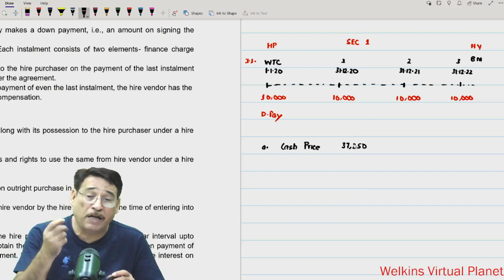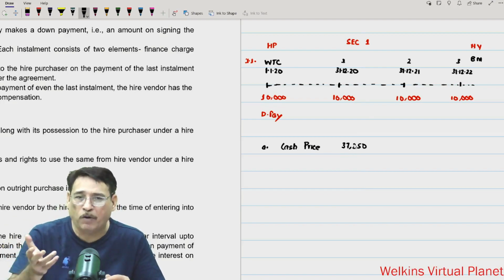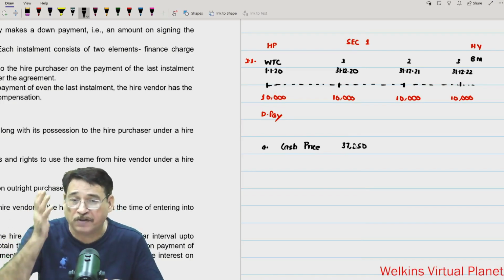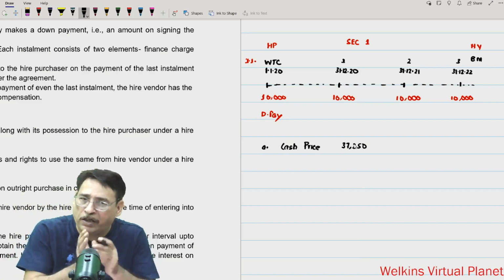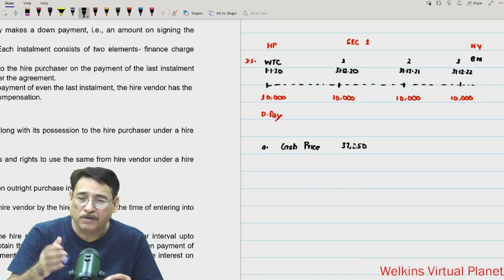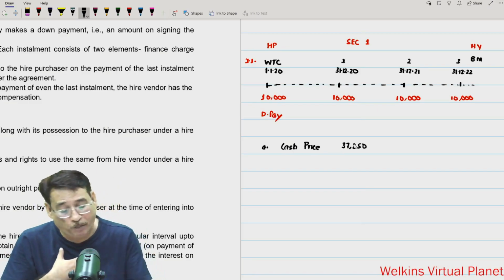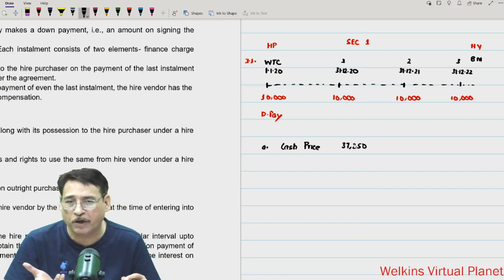So cash price is the price which is paid in lump sum, that is full amount at the time of purchase itself. But remember one thing, cash price is different from the cost price. Even in cash price, there is some profit margin. Suppose if I am going to buy this asset by paying the full amount, how much I had to pay in that particular case? 37,250.